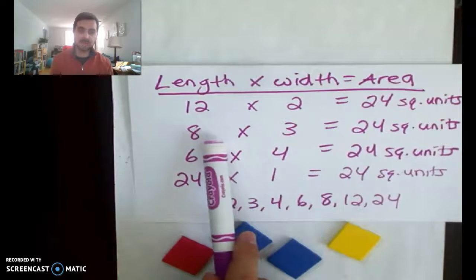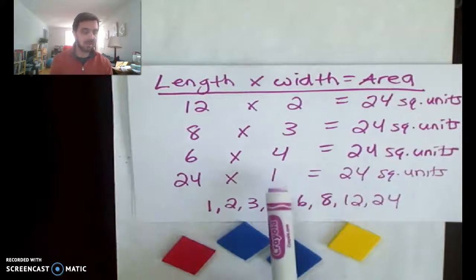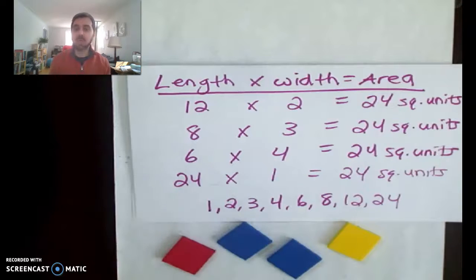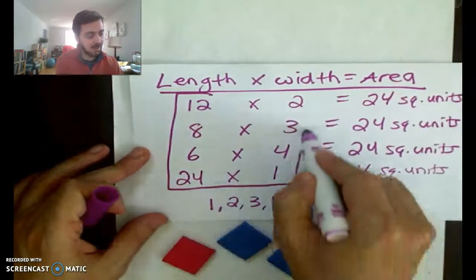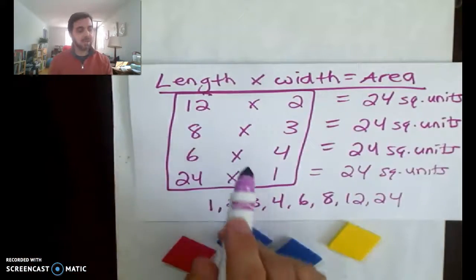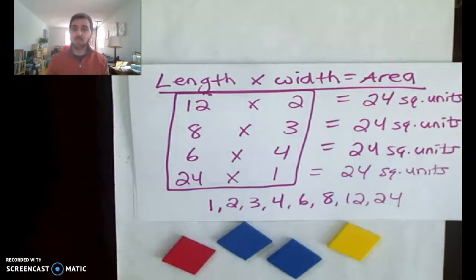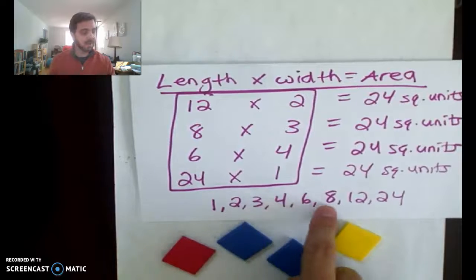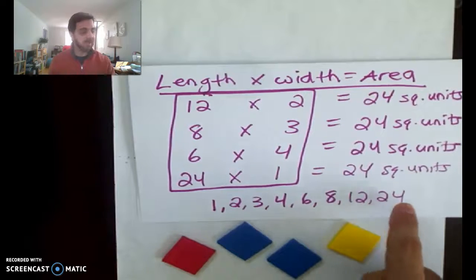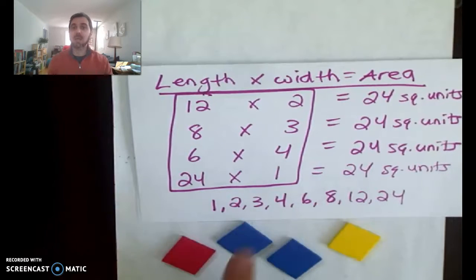We did 3 rows of 8, 4 rows of 6, 1 long row of 24, and these right here are called factor pairs because they all equal 24. So the factors of 24, you could say, are 1, 2, 3, 4, 6, 8, 12, and 24, because each of these numbers can be multiplied by another number to get 24.